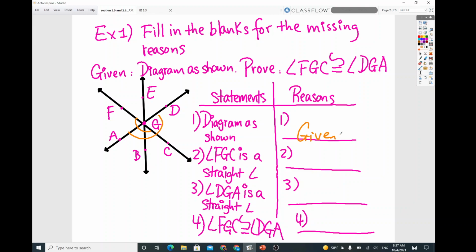If that's a straight angle, this one is using Theorem 2, the one we mentioned. Or you probably want to just say it's the definition of a straight angle instead of using Theorem 2. Definition of a straight angle. The other one, DGA, is also the definition of a straight angle.